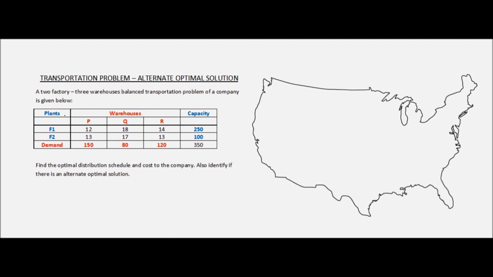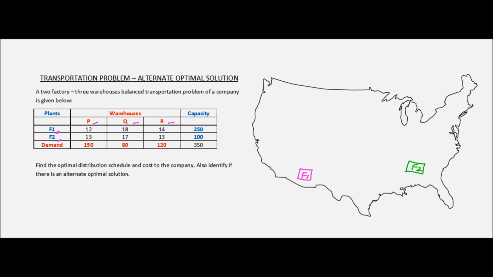So, there is a company which has two factories, F1 and F2, and three warehouses, P, Q, and R. Let's say the first plant is here, F1, and the second plant is somewhere here, which we denote as F2.